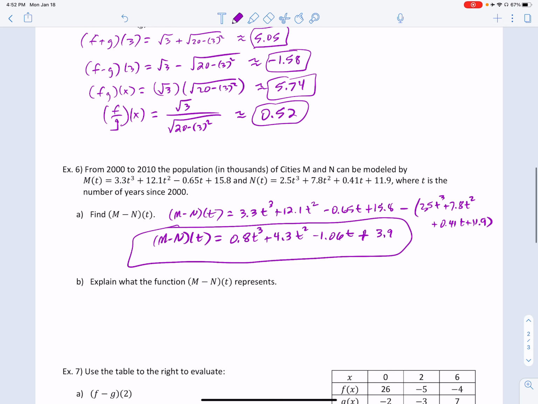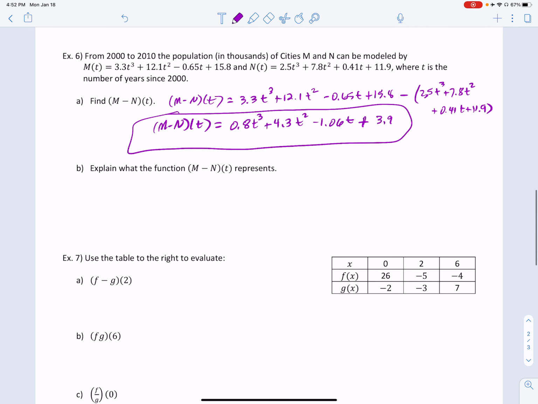And then it asks us to explain what that function represents. Well, M of t is the population in thousands, t years after 2000. And N of t is the same thing, but for city N. And so M minus N of t, well, t is still going to be the number of years, but basically, this expression tells you the difference in thousands of the population in these two cities t years since 2000.